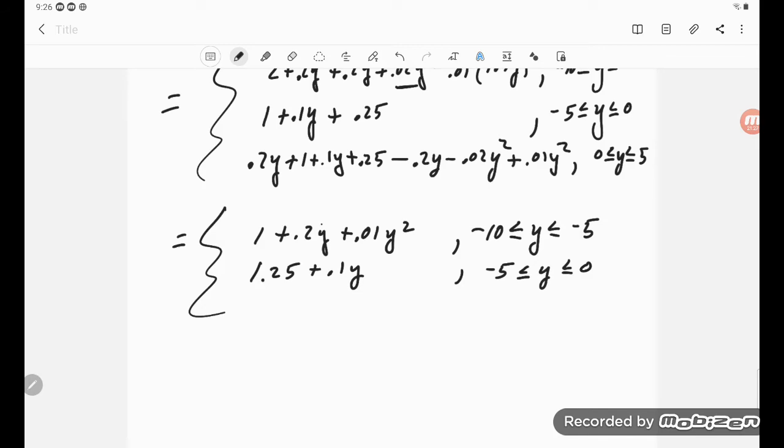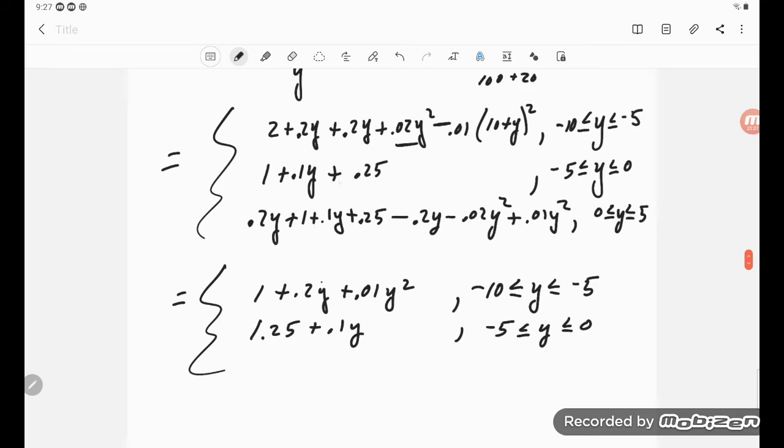Well, obviously I've got a sign error somewhere with the 0.25, because if I put 0 in there, I get 1.25. Well, that's not right. And if I put -5 in there, I get 0.75. Well, it shouldn't be 0.75, it should be 0.25, because that's what I got from that one. So let me take a quick look. I'll come back.